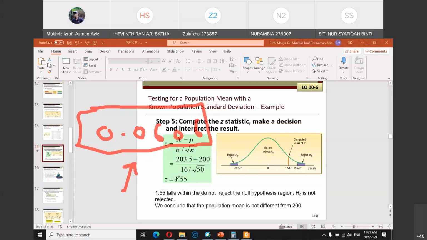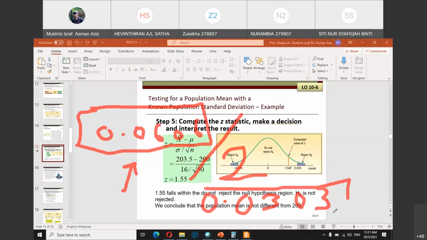But if it is a two-tail test like this one, you need to divide this value by 2, because you need to refer to the area on the left and also the area on the right. So 0.06 divided by 2, you get somewhere around 0.0303. So the p-value equals 0.0303 if it is a two-tail test.